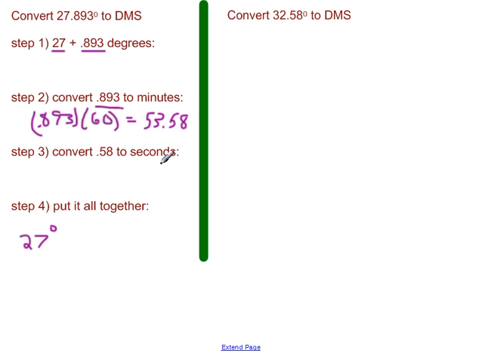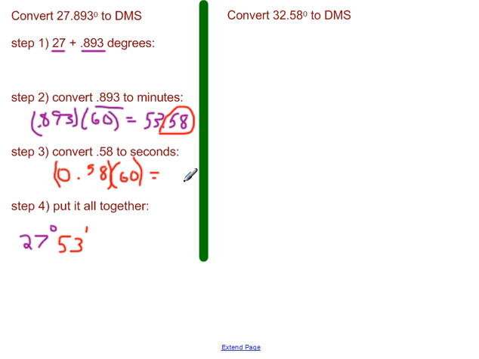Now, if you go back and look at your notes from a second ago, what you'll notice is that we don't have any decimals in minutes. So I'm going to take the whole number, which is 53, and cut off the decimal part here, and convert that to seconds. So I'm going to take my 0.58, and again, to go from minutes to seconds, I will be multiplying by 60.